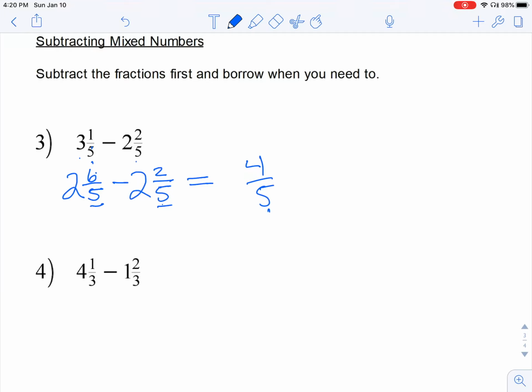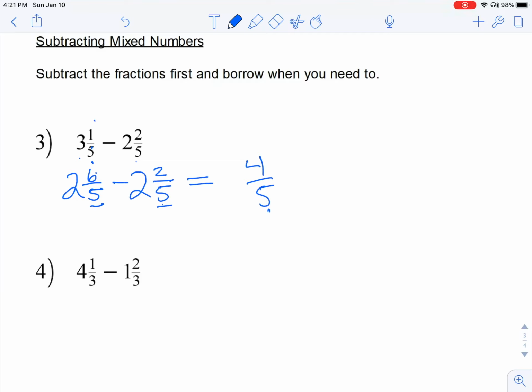You might have realized that one counting up, right? If I was already at 2 and 2/5, well, then it would take me 3 more fifths to get to 3, and 1 extra fifth after that to get to 3 and 1/5. So it took me 4/5 total to use the counting up strategy.